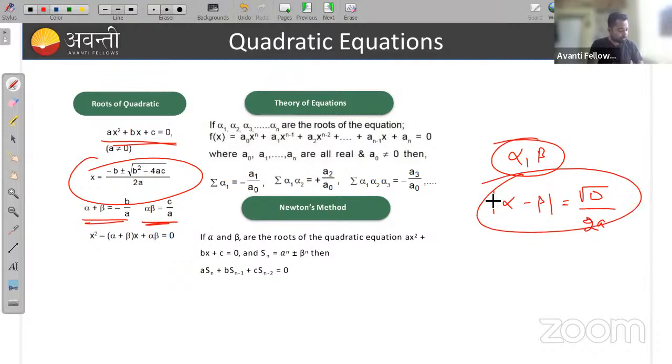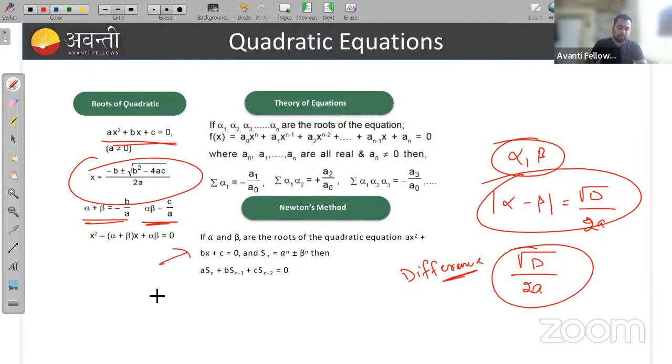Everyone clear about it? All of you know, na? To find the difference of roots, we need to remember the formula: under root of discriminant upon 2a. This is my difference of roots.